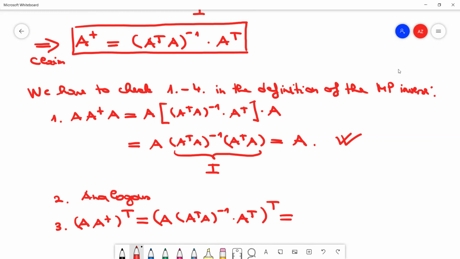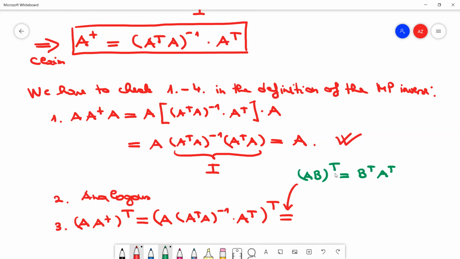And recall that (AB) transpose is just B transpose times A transpose. So if we transpose the product of matrices, then we just multiply the product of transposes in the other order. It's an easy calculation. This is one of the basic calculations in linear algebra. So transpose changes the order of multiplication.